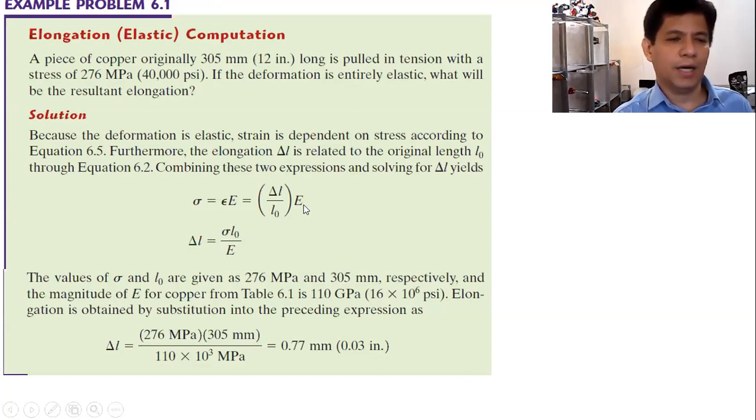So ang given lang sa atin ay yung stress. Yung stress natin is 276 megapascal. Tapos yung original length, 305 millimeter. Okay? Tapos galing dun sa table, yung E natin, yung modulus of elasticity for copper.